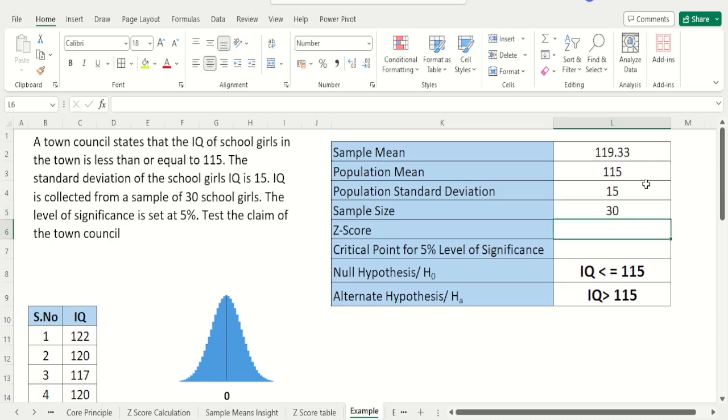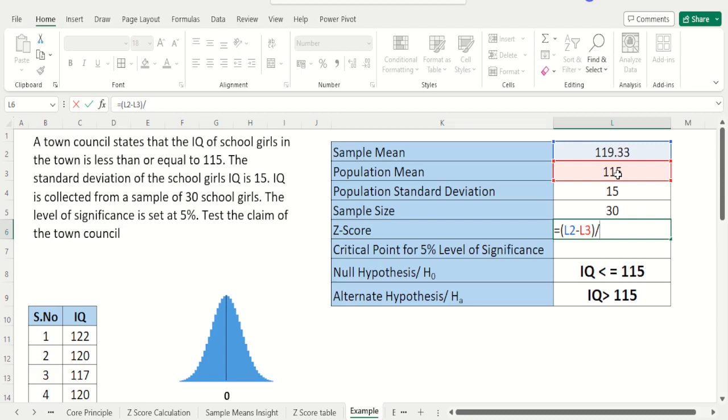And now we come to calculation of the z-score. So what is the z-score going to be? In this case, the z-score is nothing but the sample mean that we have minus the population mean of 115 divided by the standard deviation of the mean of samples.